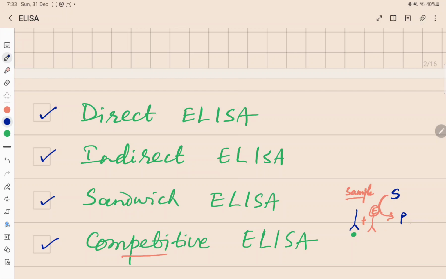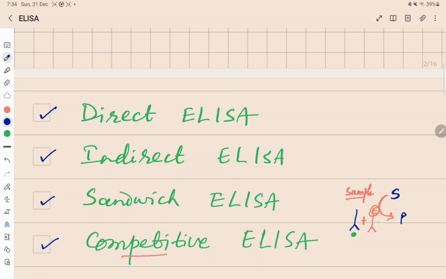And if the color is not changing, that means the antibody in the sample is more, which is binding to the antigen. So in the competition between these two, who will win? Who is more in concentration? If the antibody in the sample is more, it will bind.